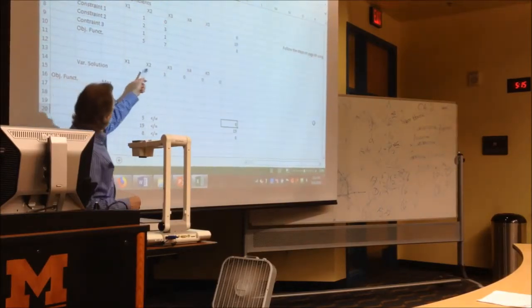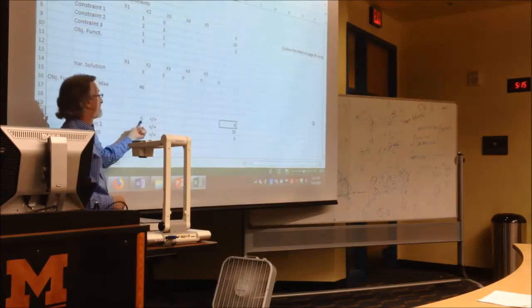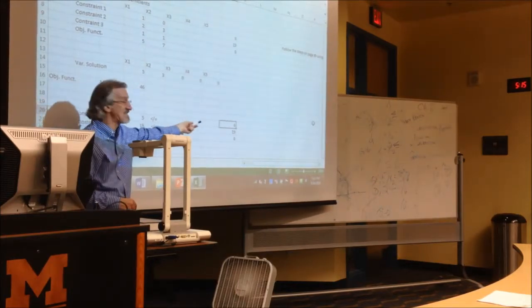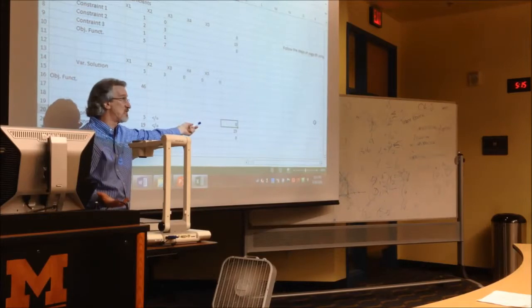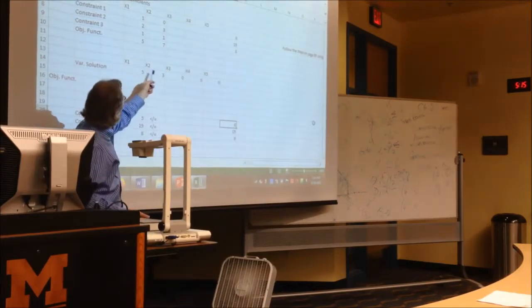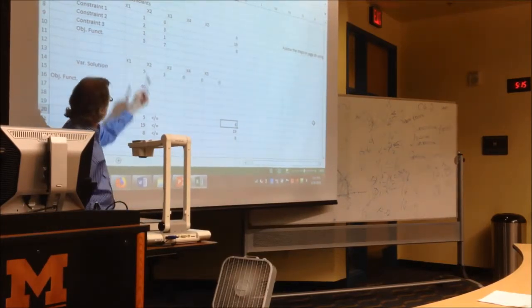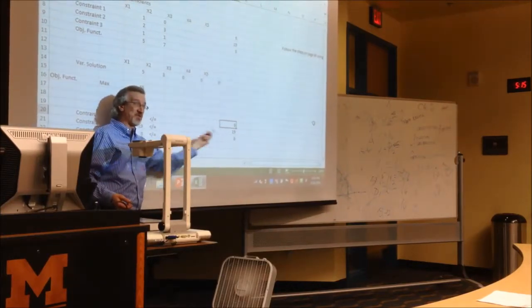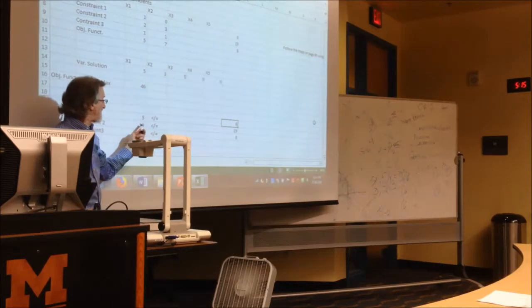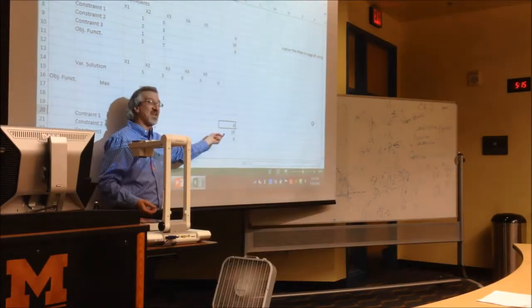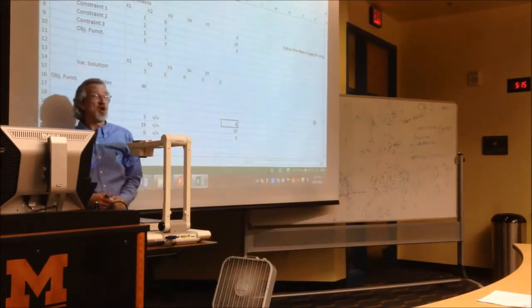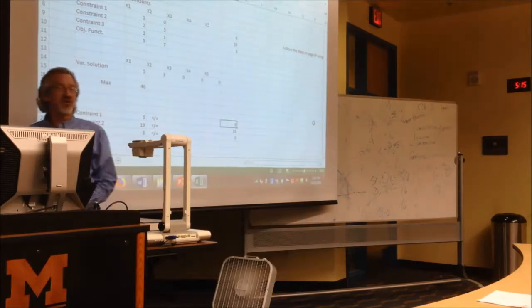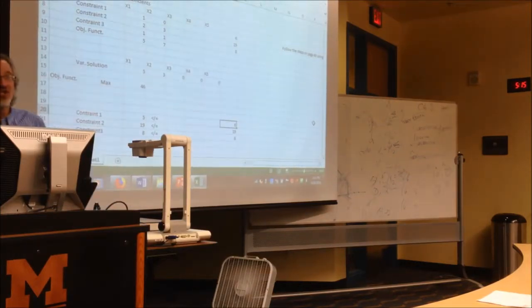If we place 5 and 3 into constraint 1, the left-hand side would be 5, which is a little less than what the constraint was less than or equal to. If we place 5 and 3 in constraint 2 for the variables, it equals 19, which happens to be what the right side was equal to. And when I see the left side and the right side the same, I know that's called a binding constraint, B-I-N-D-I-N-G.